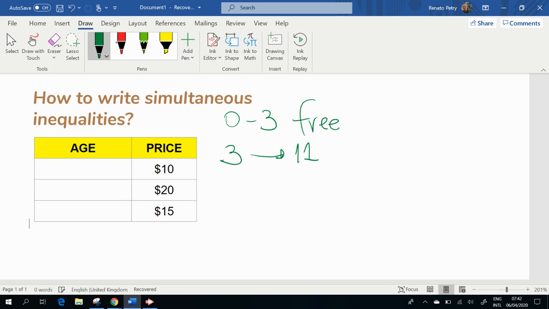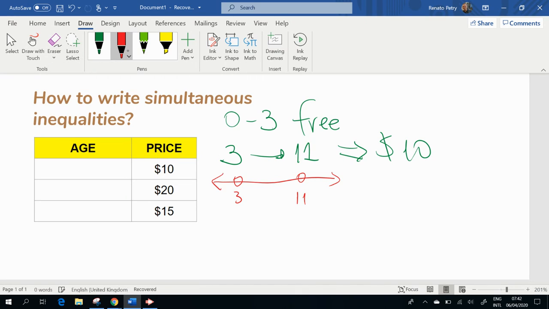11, you are going to pay 10. But then my question is, are you going to include the 3 years old? Are you going to include 11 years old? Let's think about our number line. If this is 3 and this is 11, are you including 3 and 11?